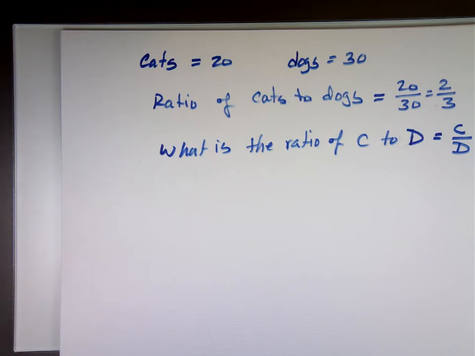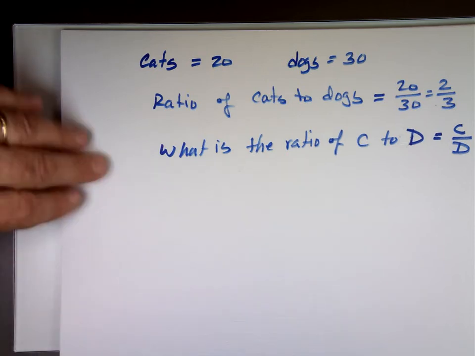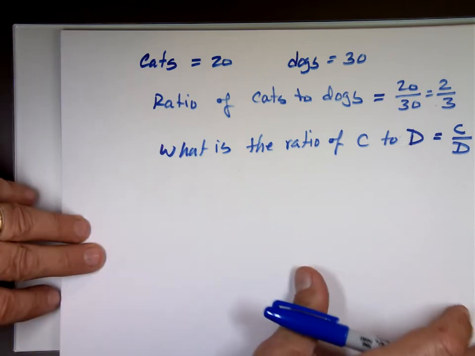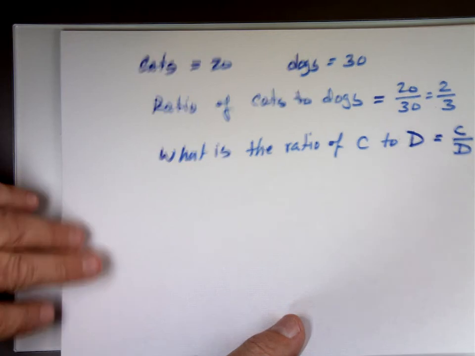Now, where ratios come in handy is something called unit pricing. What does that mean, unit pricing? Let's take an example. So we use ratios for unit pricing.